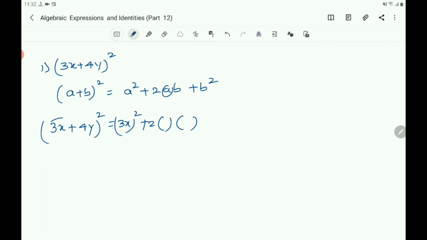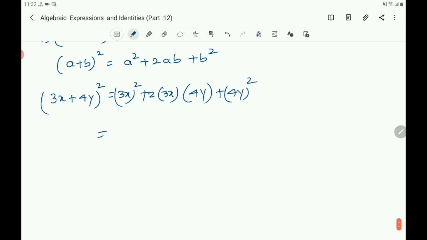In the place of a, 3x is there. So we write 3x into 4y. In the place of b, 4y is there. Plus b square, that is 4y whole square.